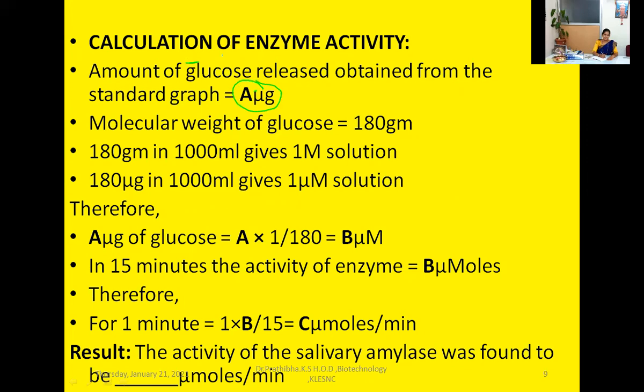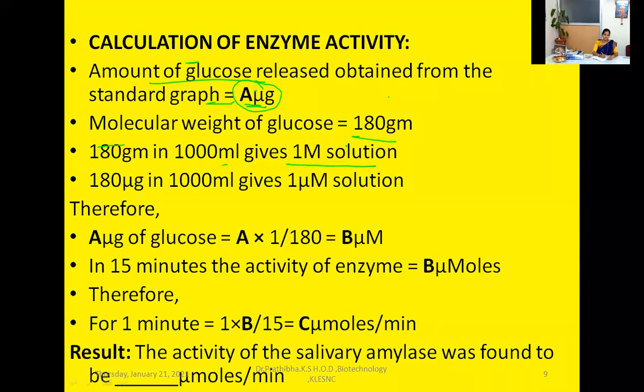Now let us go through the calculation of enzyme activity. Here, the amount of glucose released, which is obtained from the standard graph, is this much, and you are going to write it. Molecular weight of glucose is 180 gram. 180 grams in 1000 ml gives you a 1 molar solution.